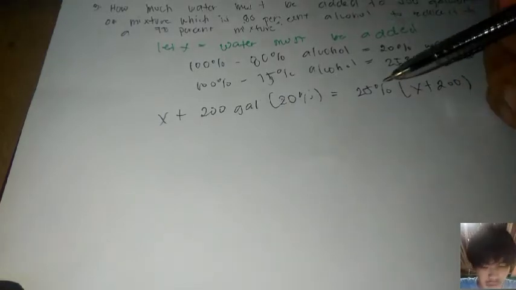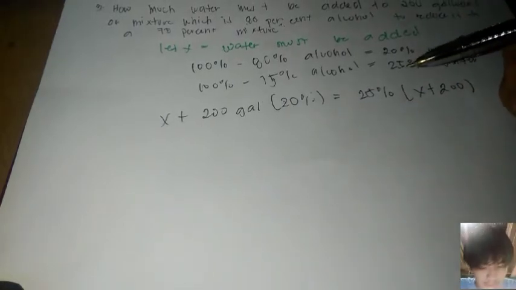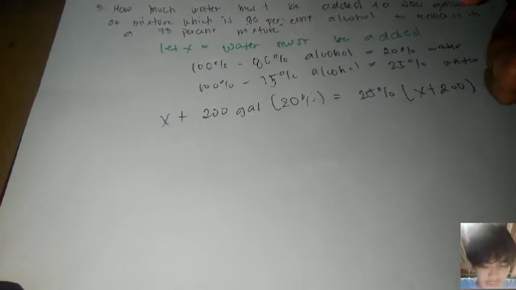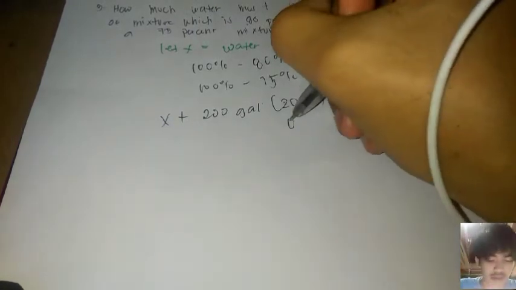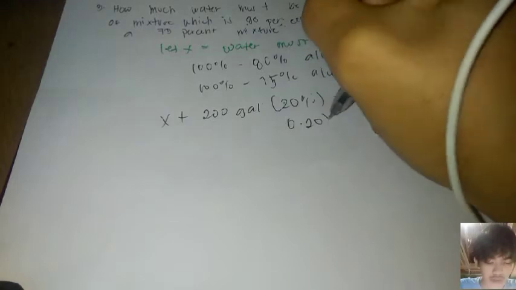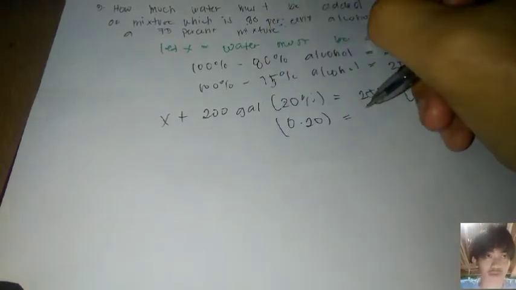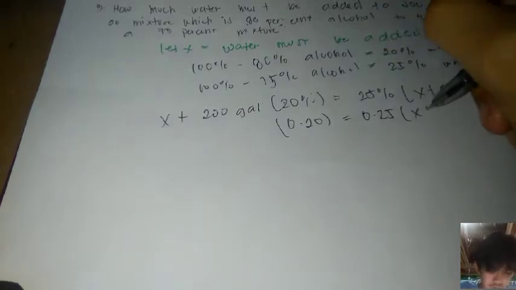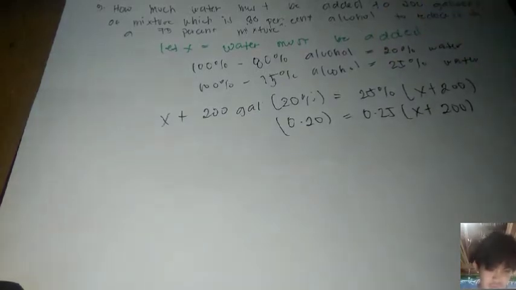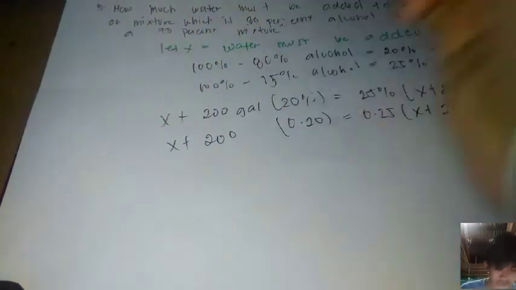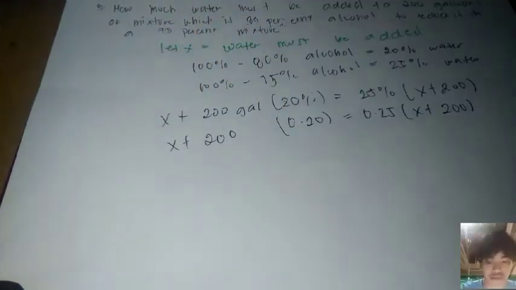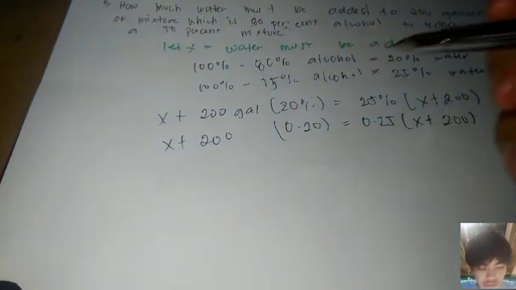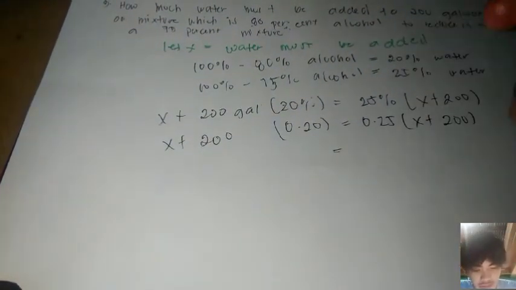So let's turn the percent into decimal points. So we have 0.20 and 0.25. Let's copy the quantity of x plus 200. After that, we have to multiply the 0.25 to the quantity of x plus 200.